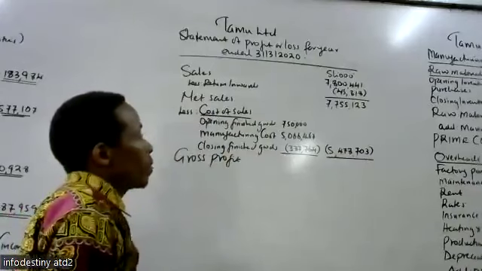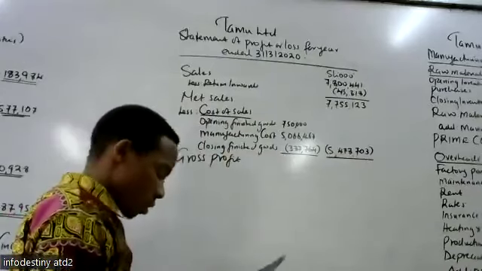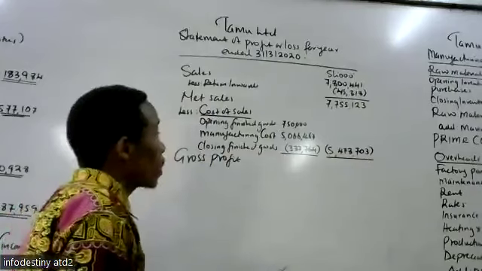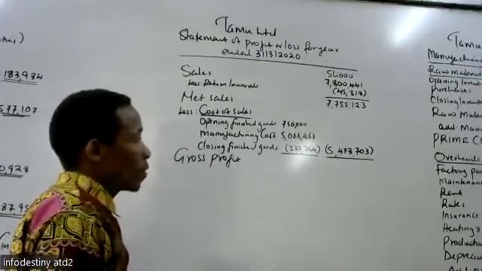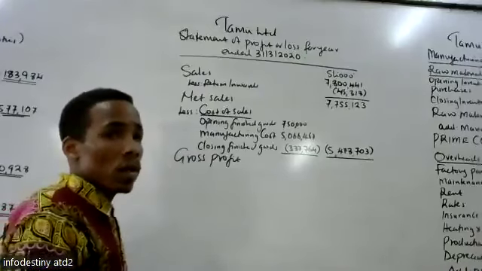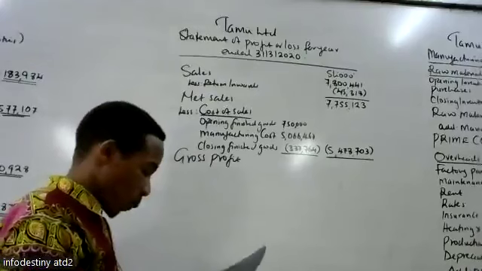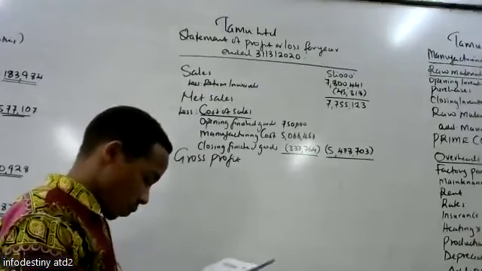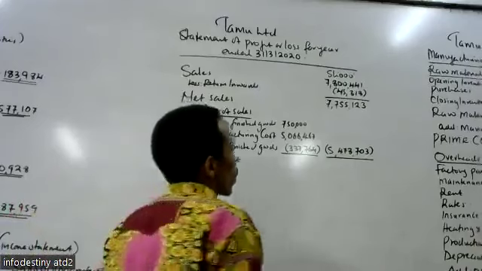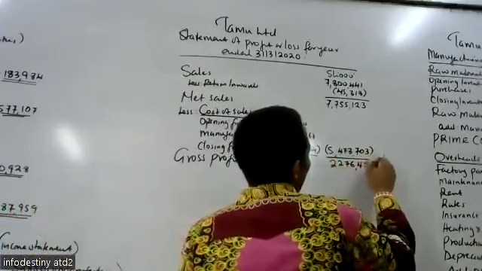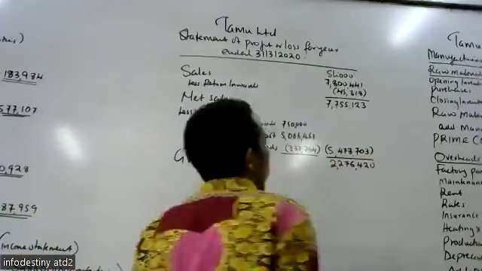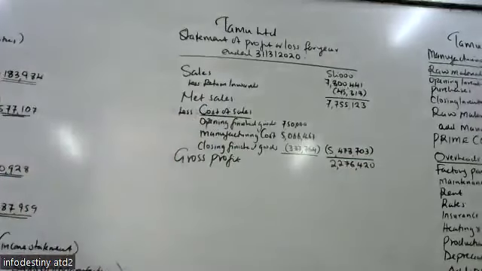The net sales 7,755,123 minus the cost of sales of 5,478,703 gives 2,276,420.